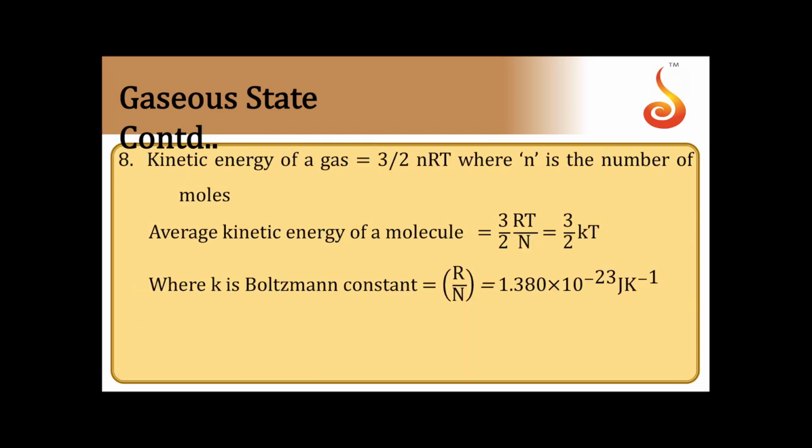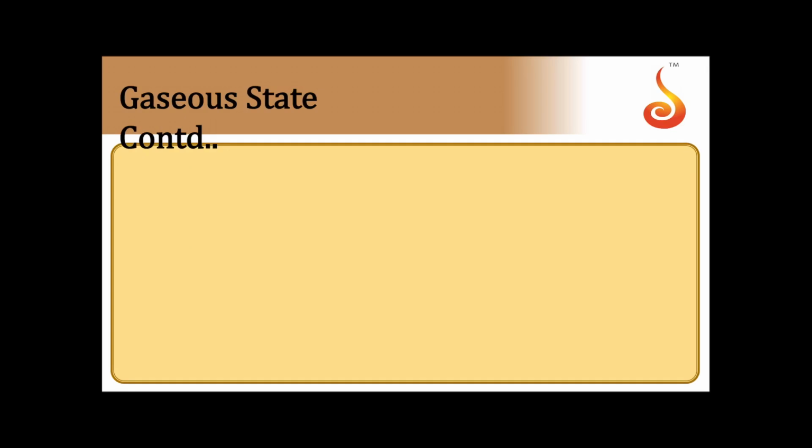Next one. Now kinetic energy of the gas is given by 3 by 2 nRT, where n is the number of moles of the gas. Here there are three formulas to remember for kinetic energy. So kinetic energy is given by 3 by 2 nRT. This comes for n moles of gas.